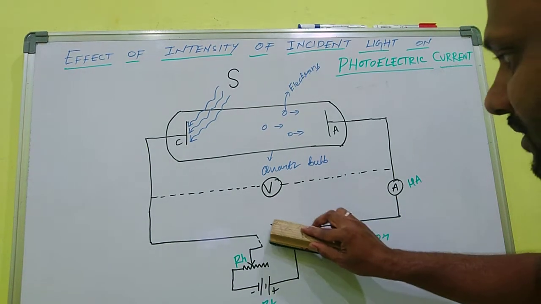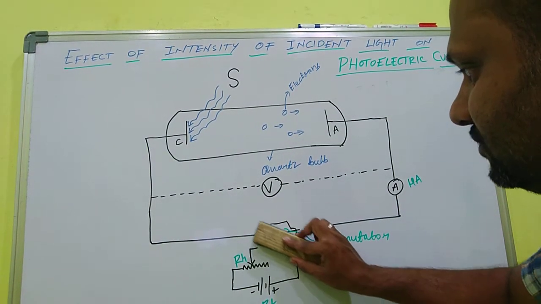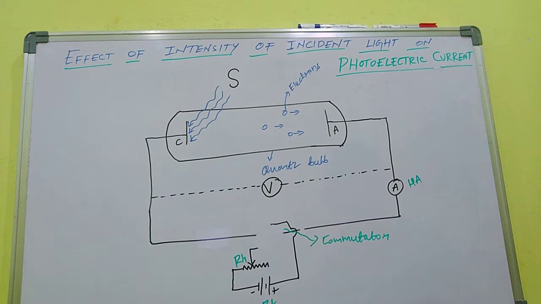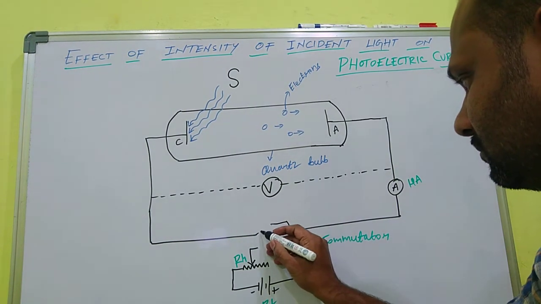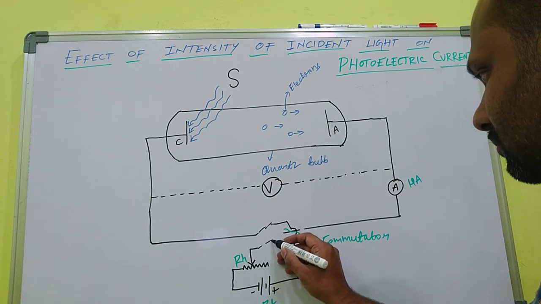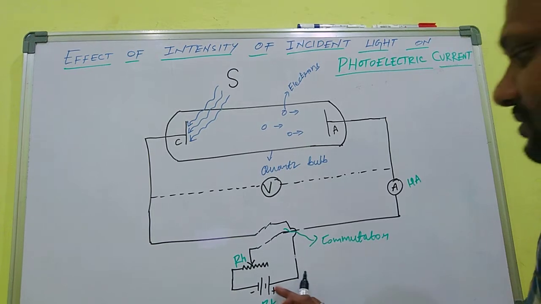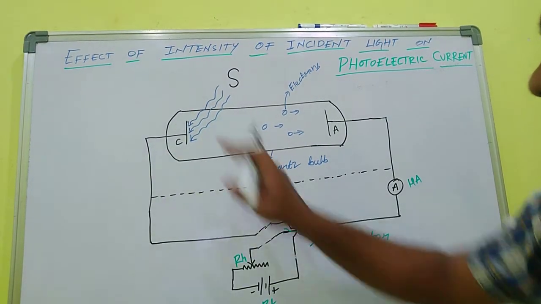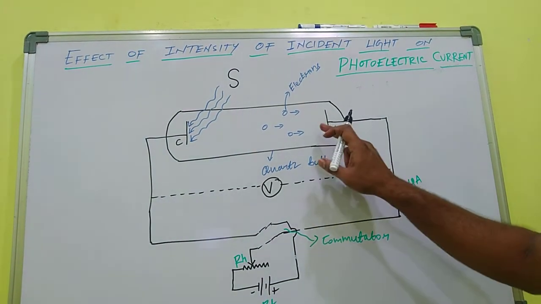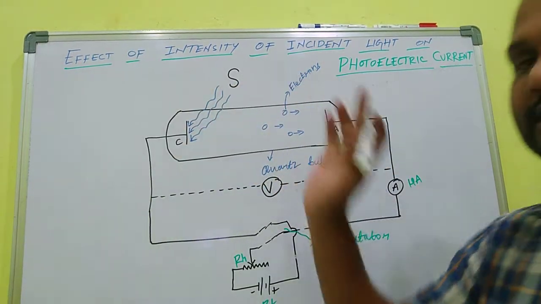When we rotate the commutator, the connection becomes like this. Now the positive terminal is connected to this plate and the negative terminal is connected to this plate, so this becomes the cathode and this becomes the anode.